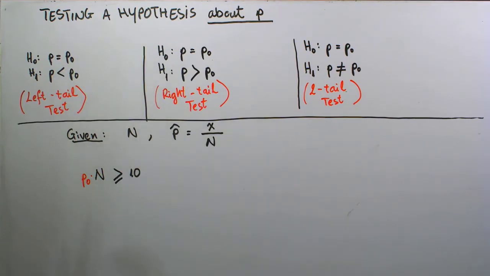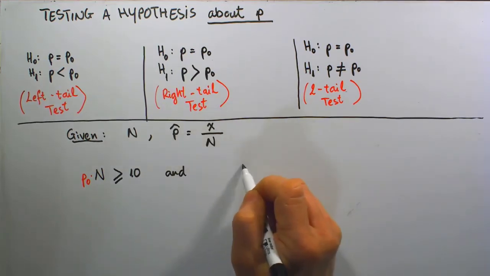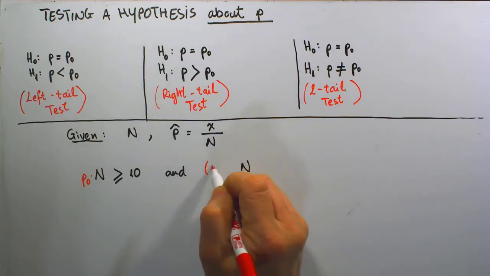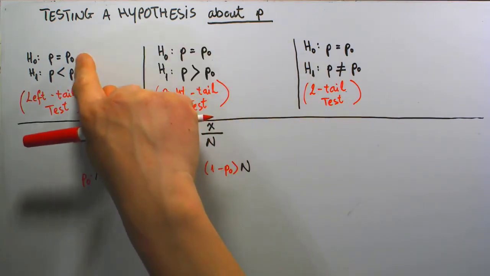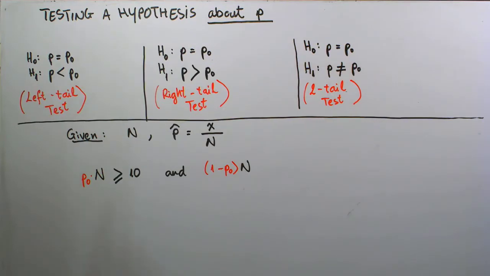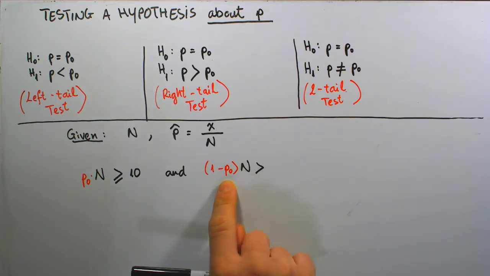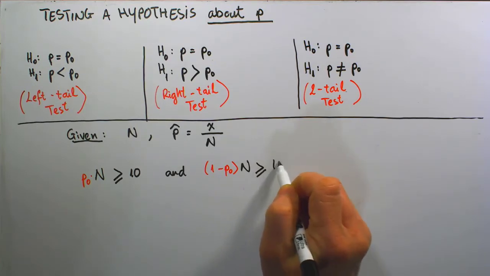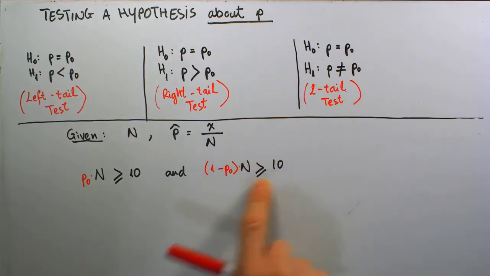And also we must multiply our sample size with 1 minus p sub 0, the value that's claimed in the null hypothesis for our population proportion. We must also make sure that our sample size after multiplying with this 1 minus p sub 0 is also a value greater than or equal to 10. These are the two requirements in order to move on to the later steps of the problem.